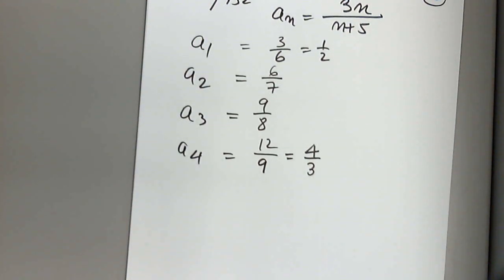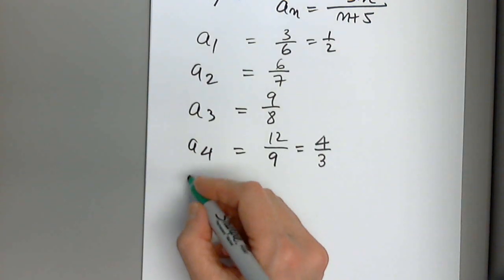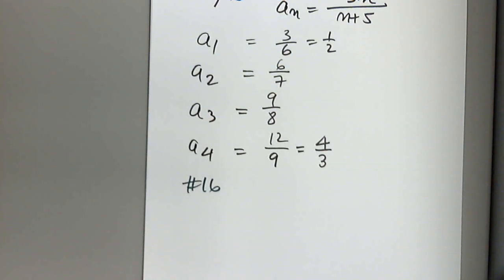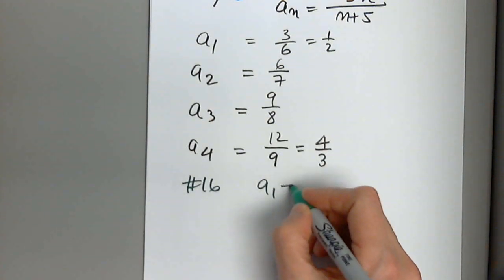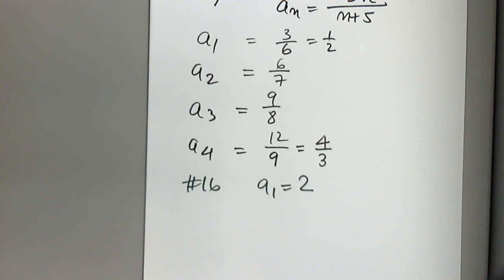Now the other possibility is when we are given a recursive formula. Okay, let's say problem 16. In problem 16, we are given a1, which is 2. That's given to us.